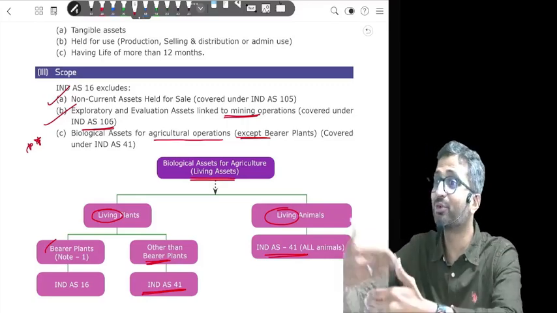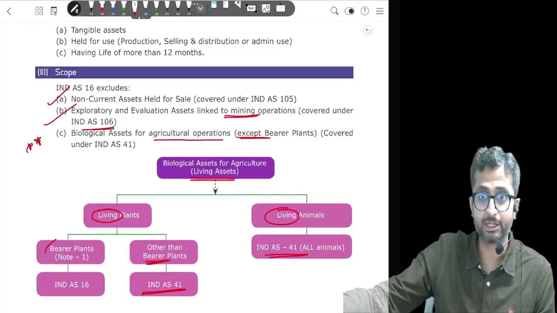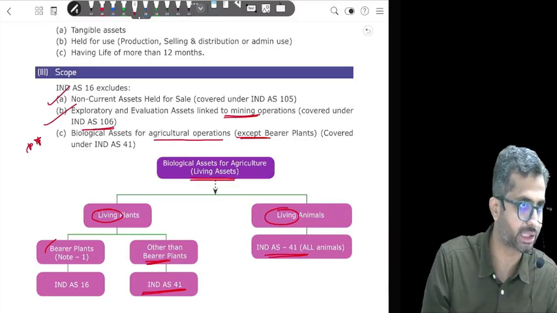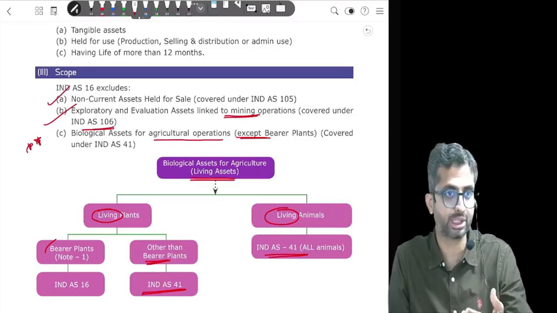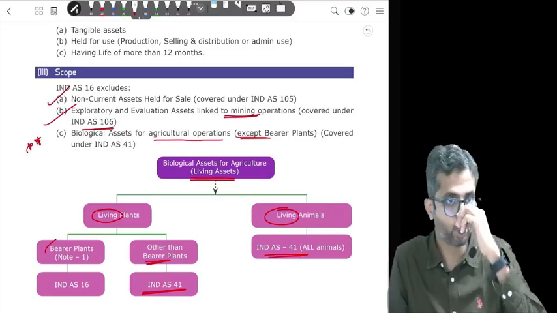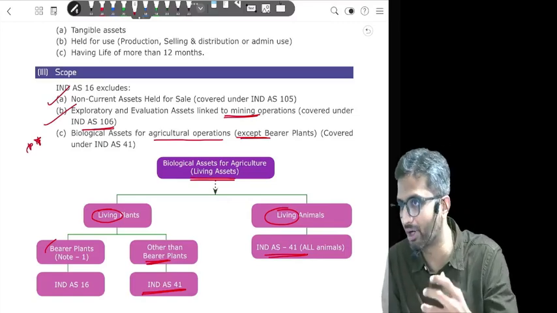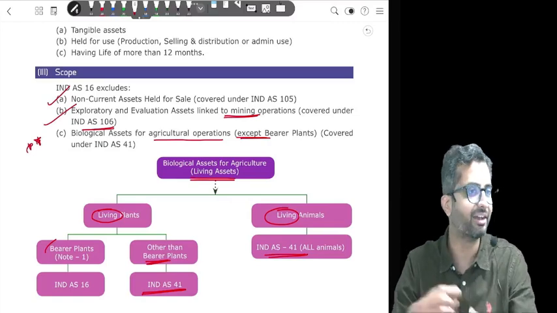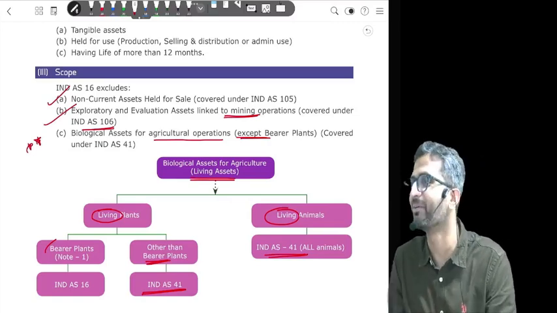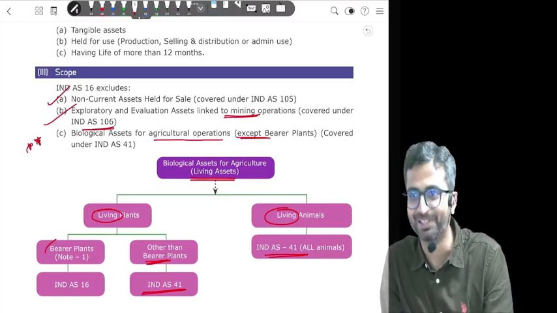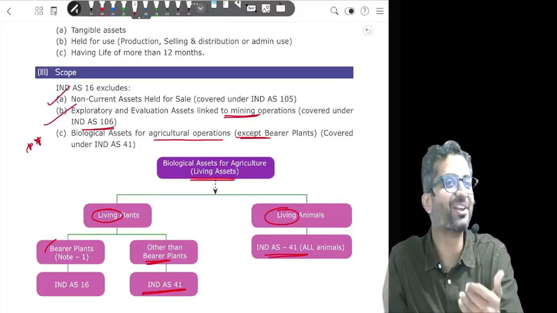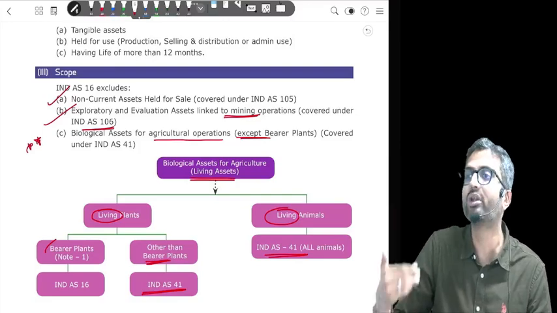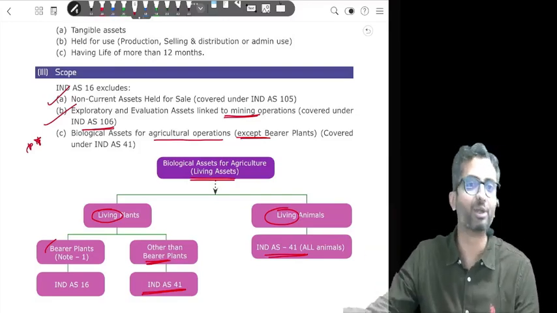So we do give future economic benefits to our entity, but the problem is, in most cases, can a human resource be controlled? No, we cannot be controlled like an animal can be tied. We might be struggling in articleship, but you cannot be controlled. You have your own will to leave whenever you want.